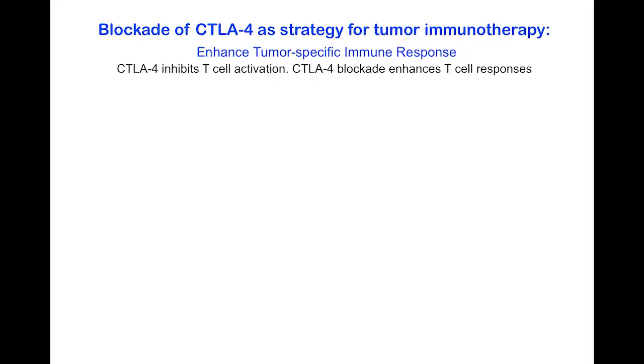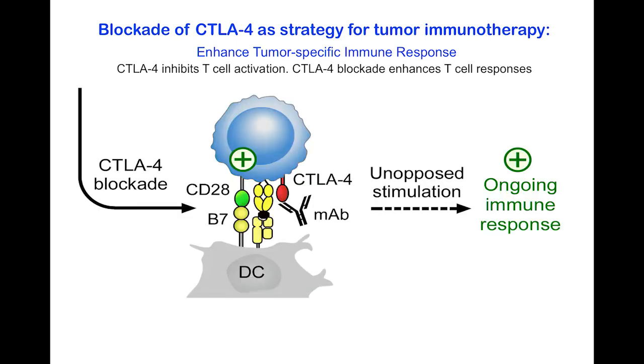The other claim to fame, of course, for CTLA-4 is blocking CTLA-4 as a strategy to promote anti-tumor immunity. The idea here is that we know that CTLA-4 inhibits T cell activation.